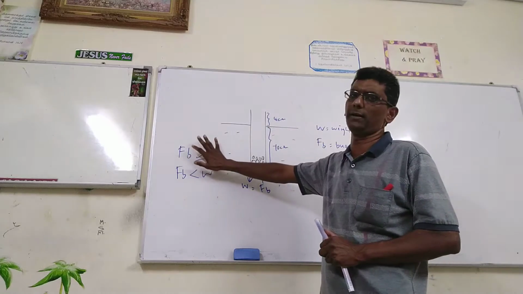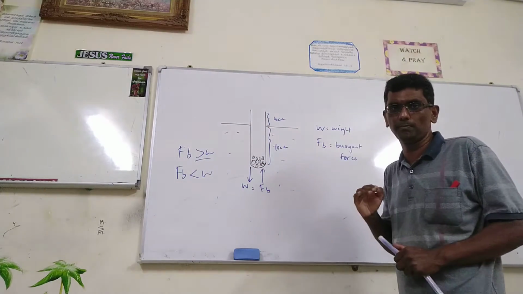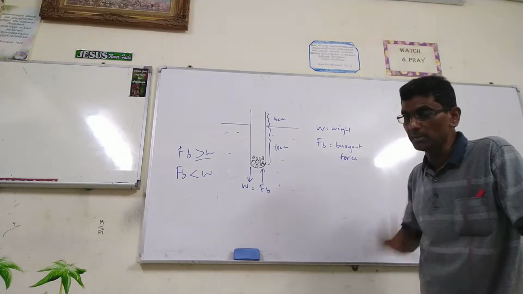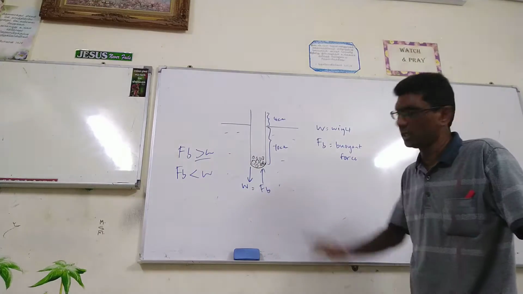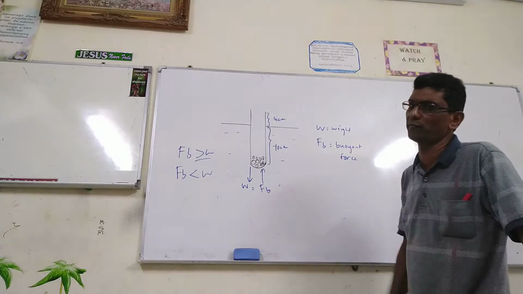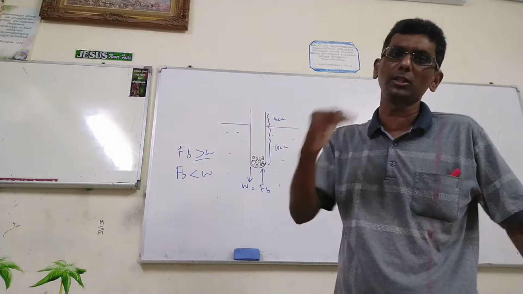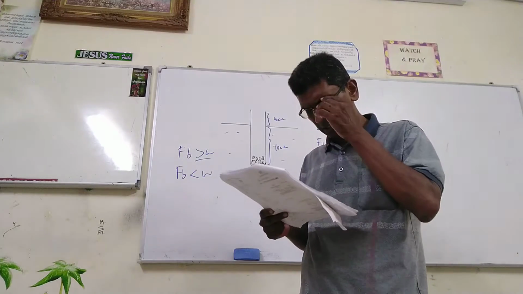But this floating is different. This is called floating or partial immersion. Partial immersion means the weight of the object must equal the buoyant force. So this is called partial immersion, or floating. Okay. Next question.